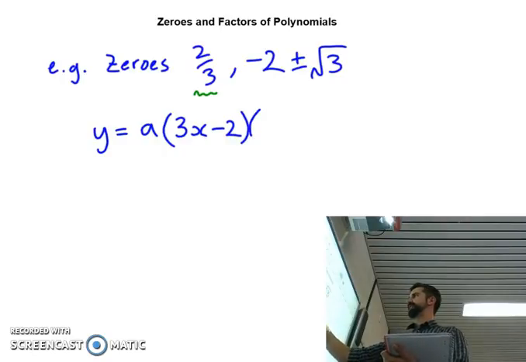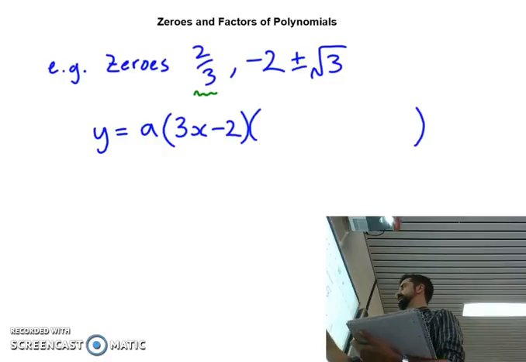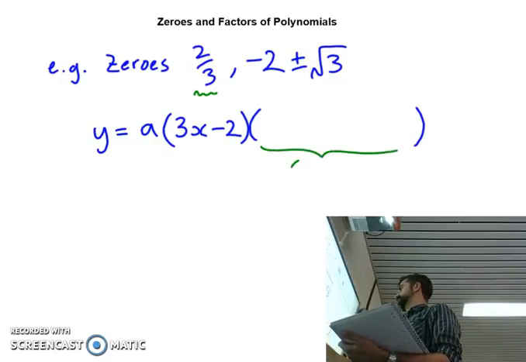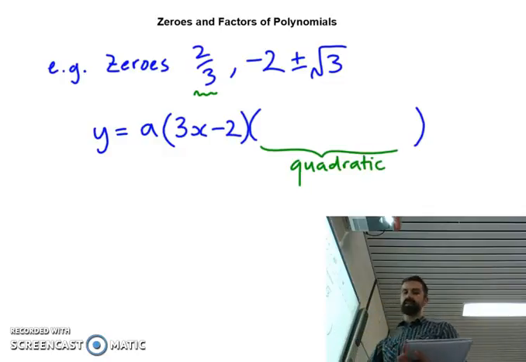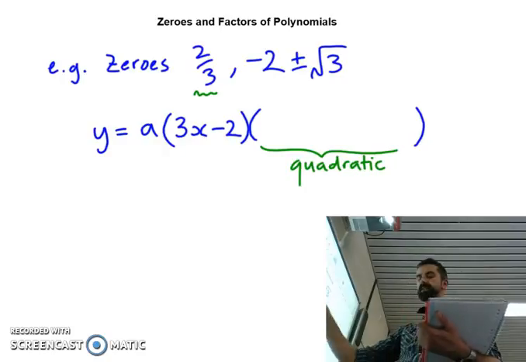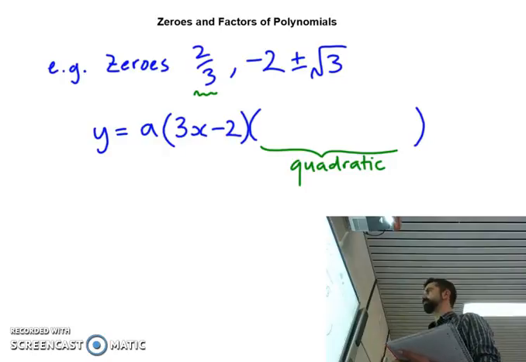And now I don't know what this is multiplied by, but I know that it's got to be a quadratic, because a quadratic multiplied by a linear function will give you a cubic overall.